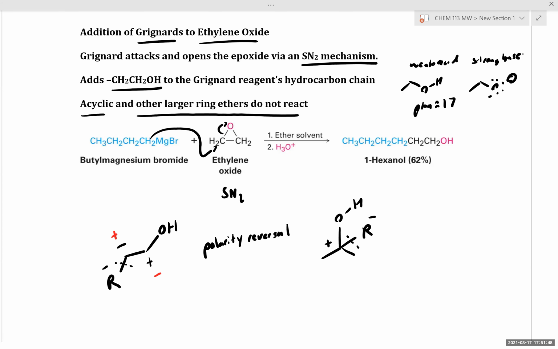So when you see an anionic derivative, in most cases, you're operating under basic conditions. It's best not to think about it in terms of Lewis acids and Lewis bases, because when we think about acidic or basic conditions, it's referring to the nature of your nucleophile, and to whether or not the epoxide's protonated.